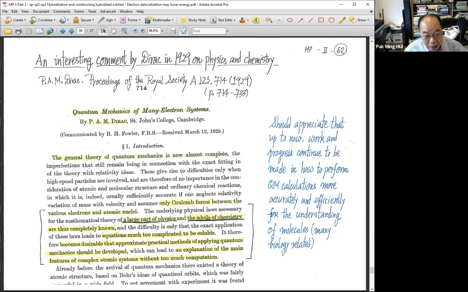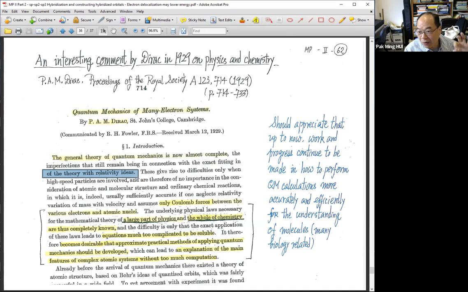So I would like to call your attention to the introduction paragraph. I find this one fascinating. So it was 1929, all right? Schrödinger's work was in January 1926. "The general theory of quantum mechanics is now almost complete." Nice, okay? And then the imperfections, something's missing, remain in connection with exactly fitting the theory into relativity ideas.